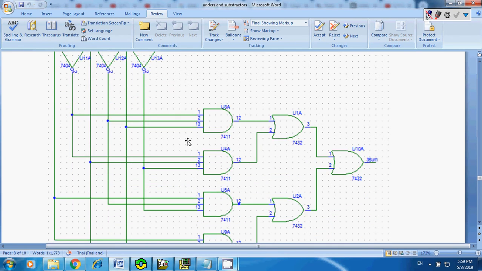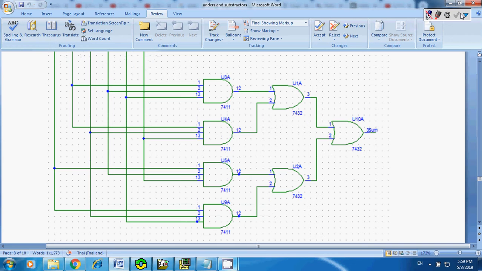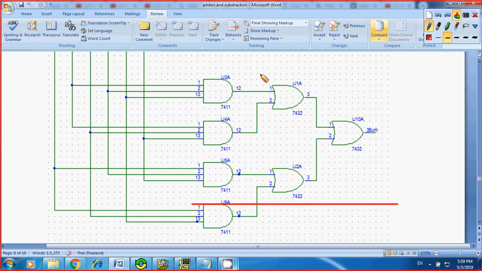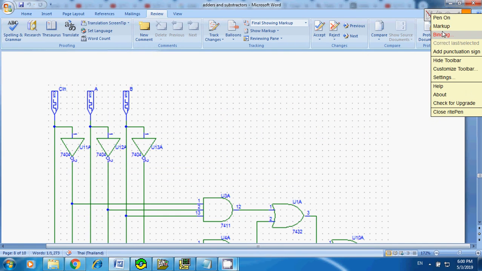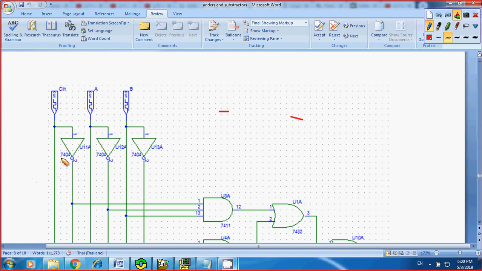Okay, in this case, you can get the 3-input AND gate from IC 7411, and the 2-input OR gate from IC 7432, and for your inverter you can get it from IC number 7404.